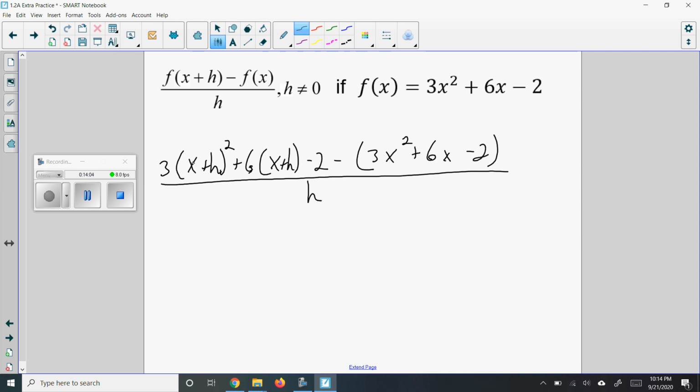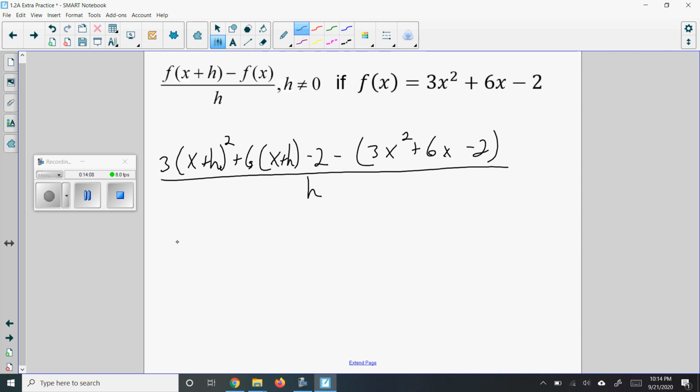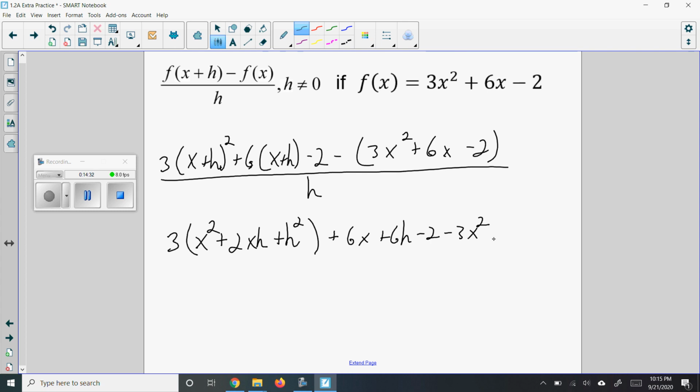So if I square this binomial, I'm going to have this 3 out in front. So we'll have 3 times x squared plus 2xh plus h squared. Now I'm going to distribute this 6. So this is plus 6x plus 6h minus 2, and then I'll distribute this negative. Minus 3x squared minus 6x plus 2.